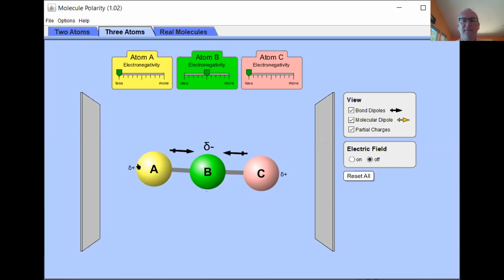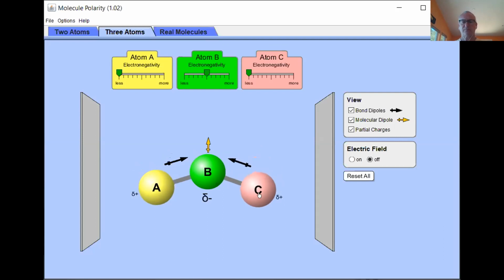So they're only additive if they're pointing in the same direction. And the more they're pointing in the same direction, the more additive they become. So you can see we can have two large dipoles. Here, I'll make B extremely electronegative. So I have these two really big dipoles.